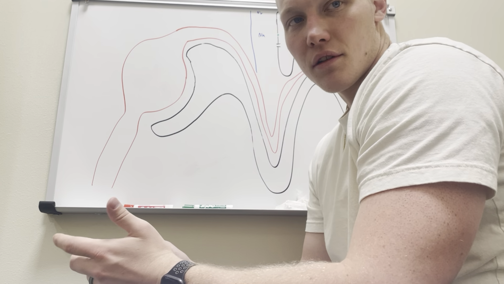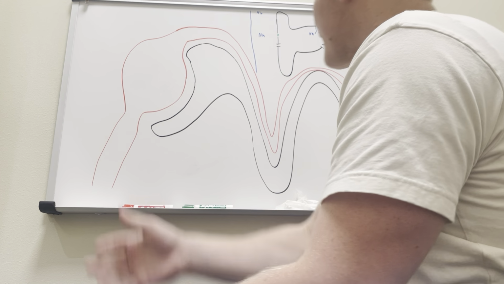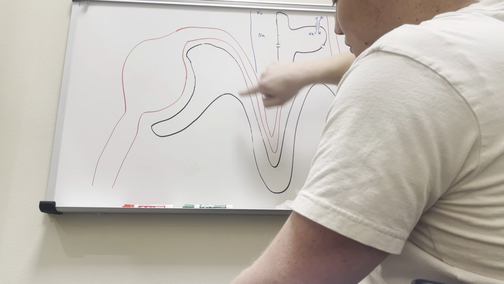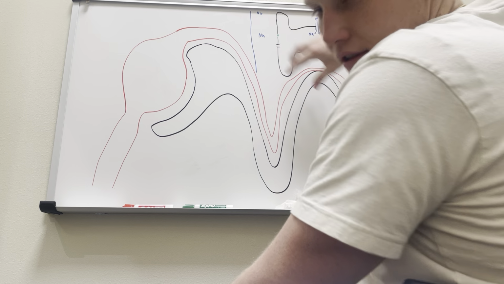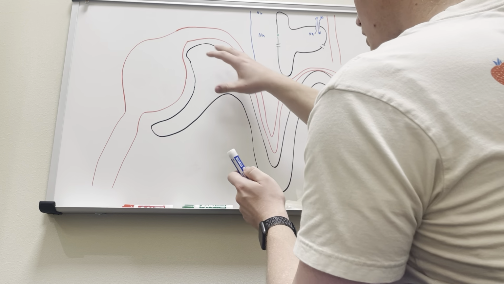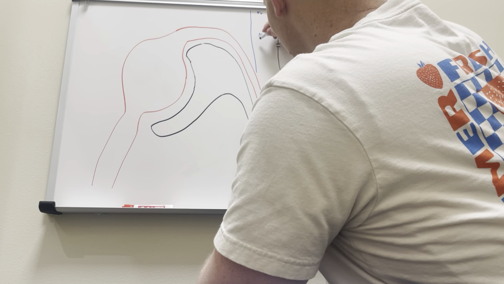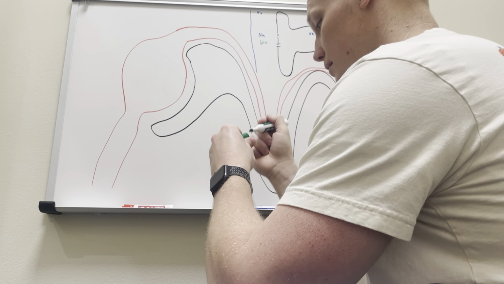The first one we're gonna look at is going to be glucose, and we're gonna start at the proximal convoluted tubule, and then we're just gonna work our way through the nephron and talk about how this works. But in the proximal convoluted tubule, we have sodium and we have glucose here in the nephron, right?